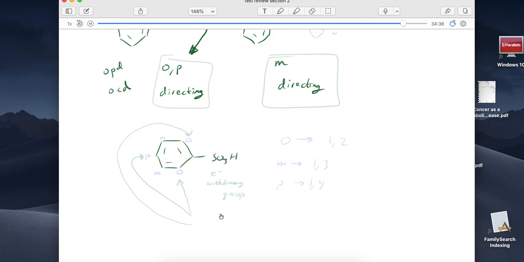So O, M, and P mean it's going to be: ortho means it's on carbons 1 and 2, meta means it's on carbons 1 and 3, and para means it's on carbons 1 and 4. So right here, this is ortho, ortho, meta, meta, and para.